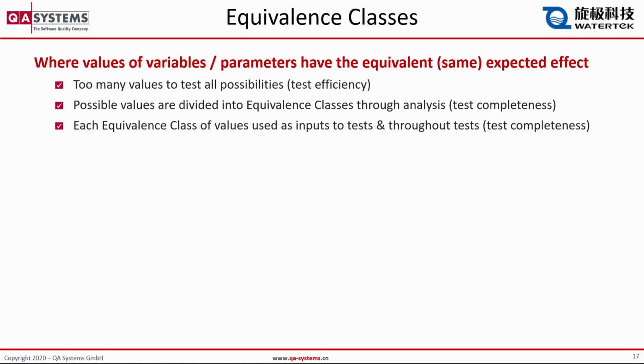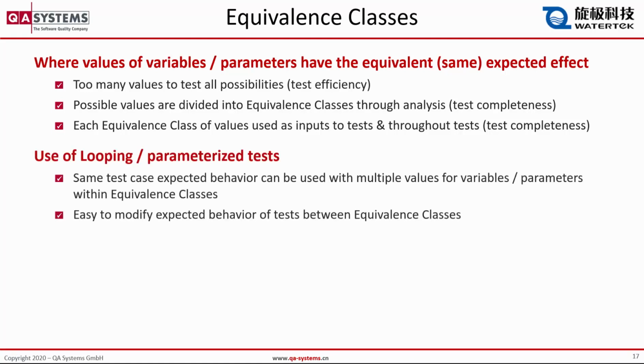The purpose of that is not efficiency, but test completeness, because it allows you to identify what possible equivalence classes there should be and to verify that those are being achieved in your tests. Each equivalence class of values is used as inputs to tests and potentially throughout tests. Equivalence class analysis, of course, supports both requirements-based tests and the robustness tests.